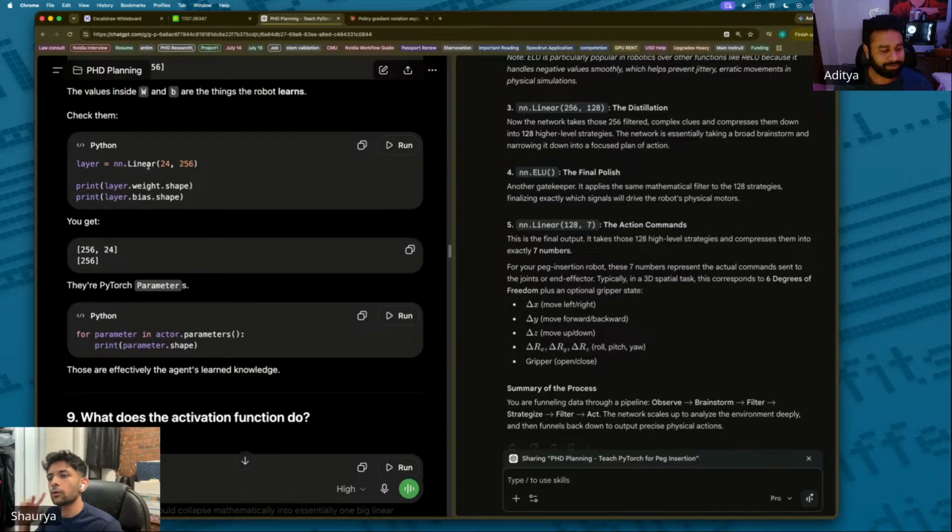Layer is equal to nn.Linear(24, 256). Print layer.weight.shape, print layer.bias.shape. 256 comma 24, 256. For parameter in action.actor.parameters(): print parameter.shape. Those are effectively the agent's learned knowledge.